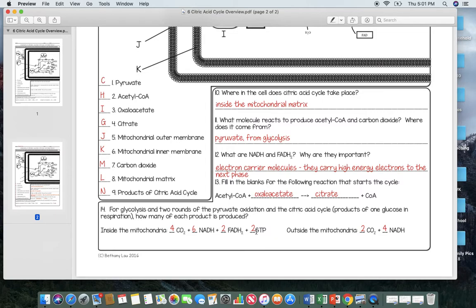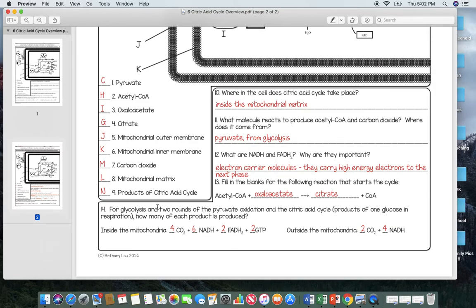Number 13, fill in the blanks. So we start with acetyl-CoA plus the oxaloacetate, and that yields citrate and coenzyme A. For glycolysis and 2 rounds of pyruvate oxidation and the citric acid cycle, what are the products of 1 glucose in respiration, and how many of each product is produced?